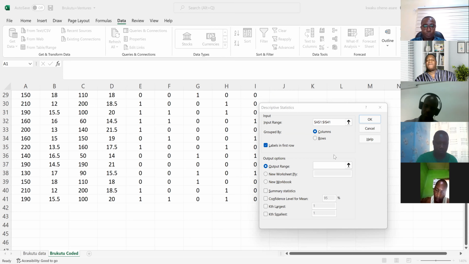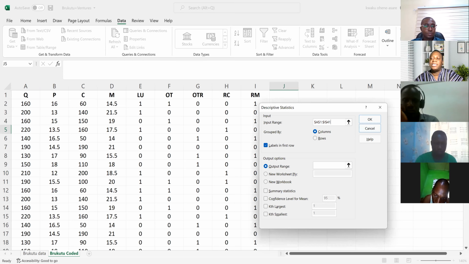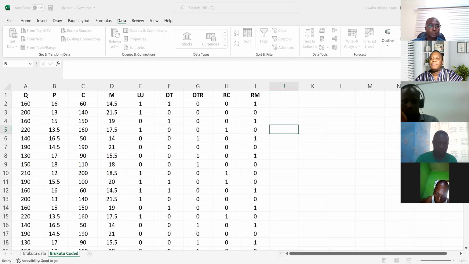Oh, but I haven't told you that you are going to get it yet. So you are only rushing. I'm saying that don't click J. I said go and click on the input range, the white space, delete that J, and then go and highlight everything in the data.